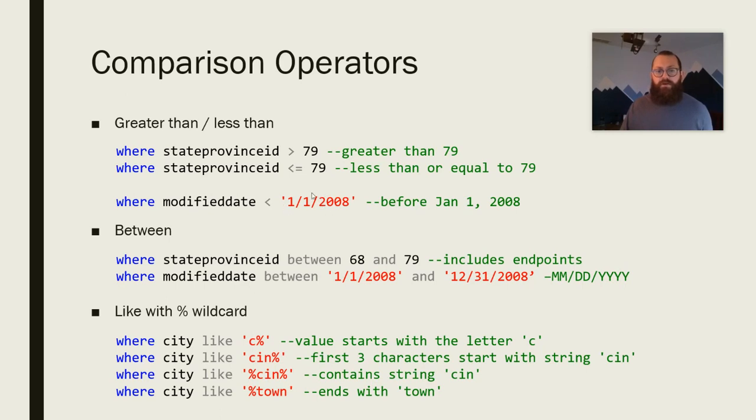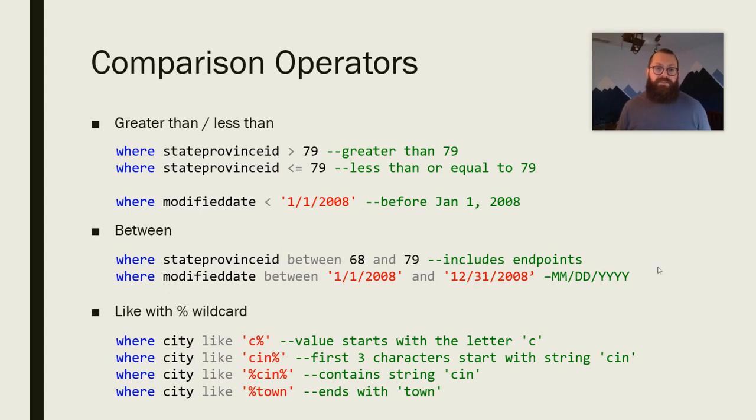Note that your date is written within your query like a string, so it has single apostrophes around the date. This logic is saying, go to the table source, look at the field modified date, and use records for your larger query only where the modified date is before January 1st, 2008.